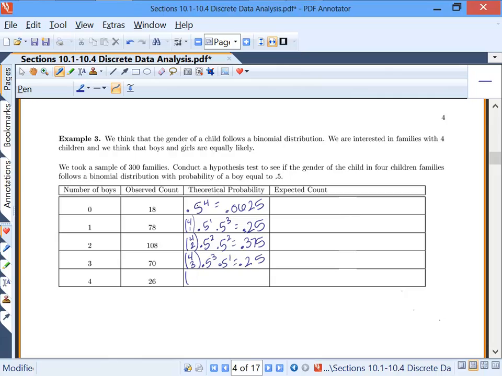Also on the first one it would have been 4 choose 0, which is 1, which is why we didn't have to put it in. Okay? Because there's only one way to make all of your 4 children be boys. Okay, so 4 choose 4, 0.5 to the power of 4, 0.5 to the power of 0, which gives me 0.0625.